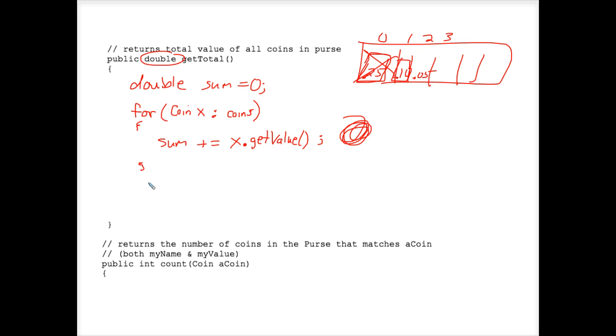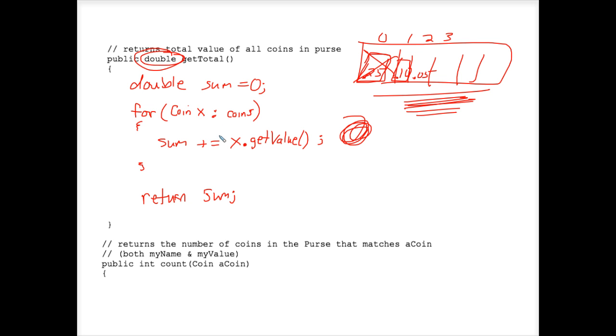Now don't forget, because they'll take a point off on the AP exam, don't forget to return sum. That grand total, the sum of the money in this purse, needs to be returned because that's the job of this getTotal method.